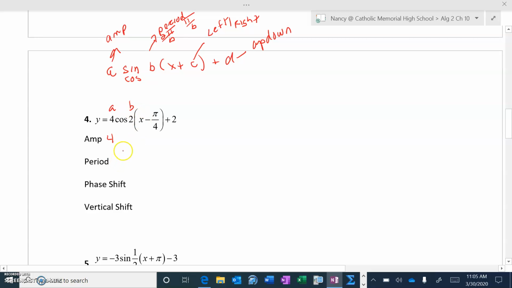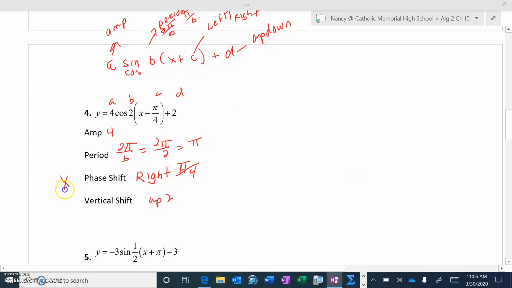This is my B, it's a cos graph, so I'm going to go 2 pi divided by B, which would be 2 pi divided by 2, which is just pi. My phase shift, it says subtract pi over 4 from x, so you're going to go right pi over 4, and your vertical shift is up 2. This is your C, and that's your D.